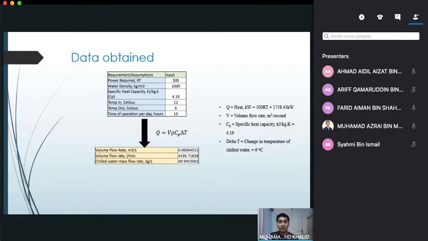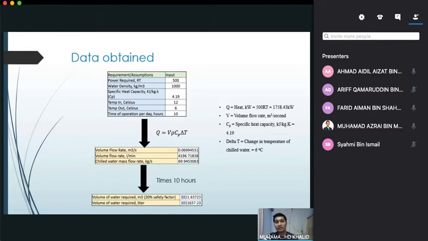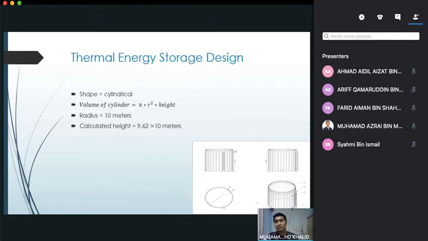And then we will plug these values into the equation to find the volume flow rate. From that, we multiply by the 10 hours, and we will get the total water required to run our chiller plant.